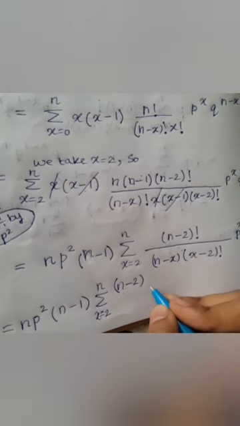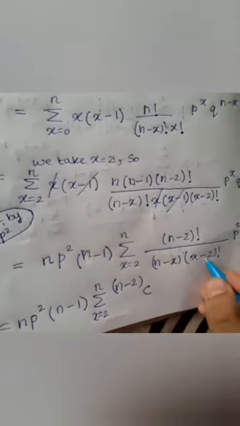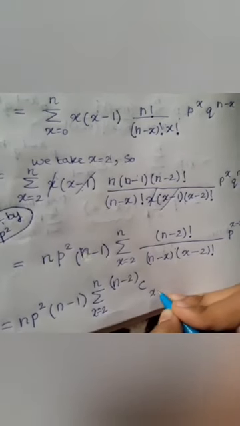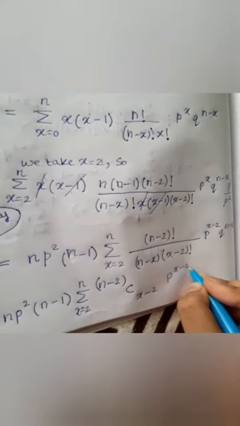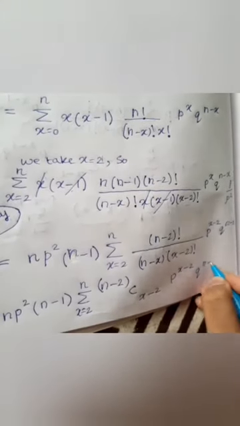c x minus 2, then followed by p power x minus 2 q power n minus x.